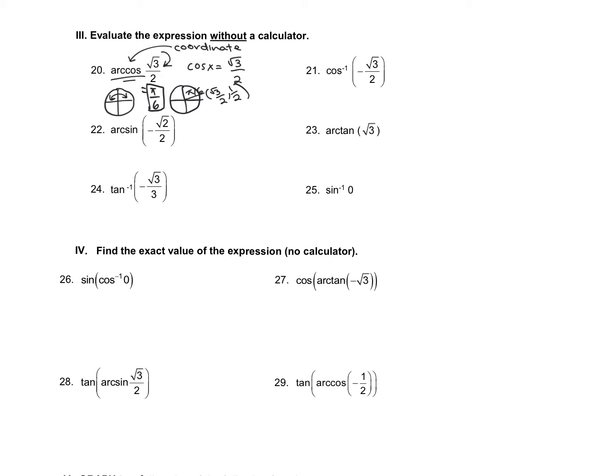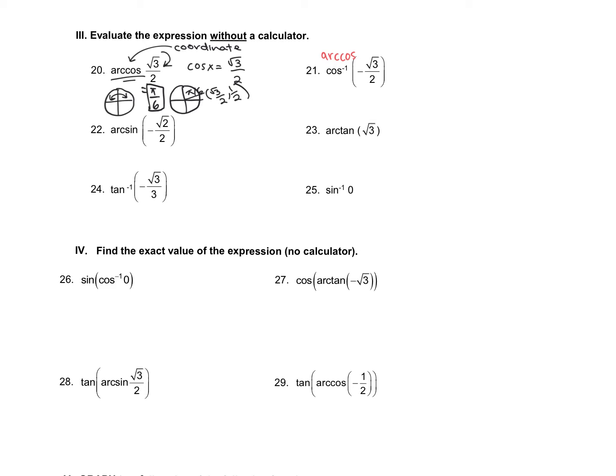So let's look at number 21 here. Now in this case, it's inverse cosine. This -1 indicates inverse, but that is essentially the exact same thing as arc cosine. There's no difference, at least in this scenario. So we'll just take what we learned from the previous problem and apply it here.